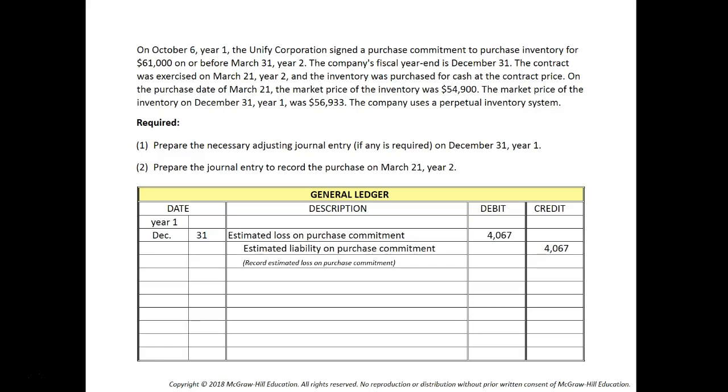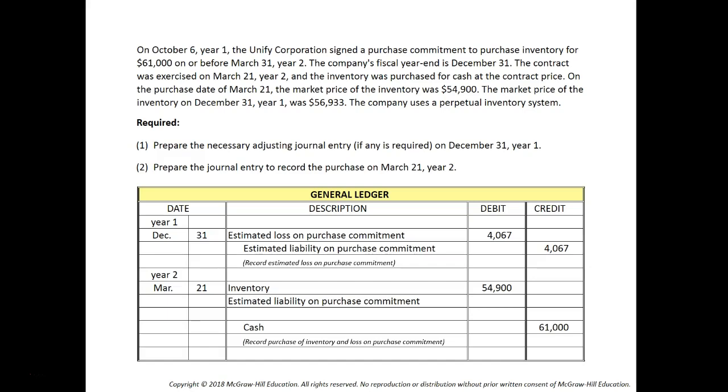The market price on the inventory on December 31st was $56,933. So the difference between the $61,000 and what the market price was on December 31st shows the difference of $4,067.